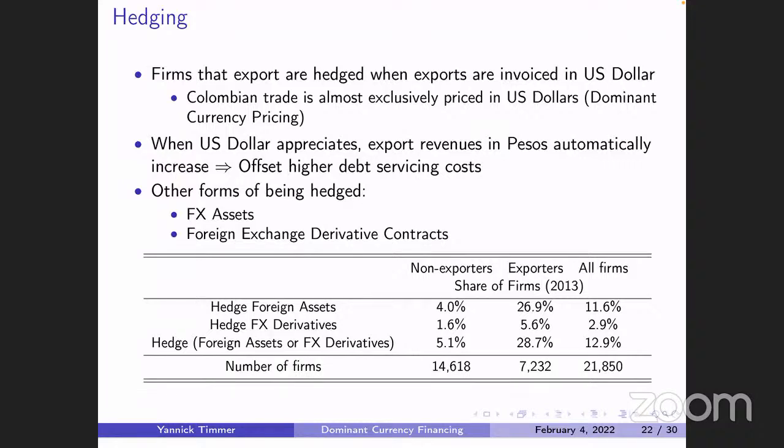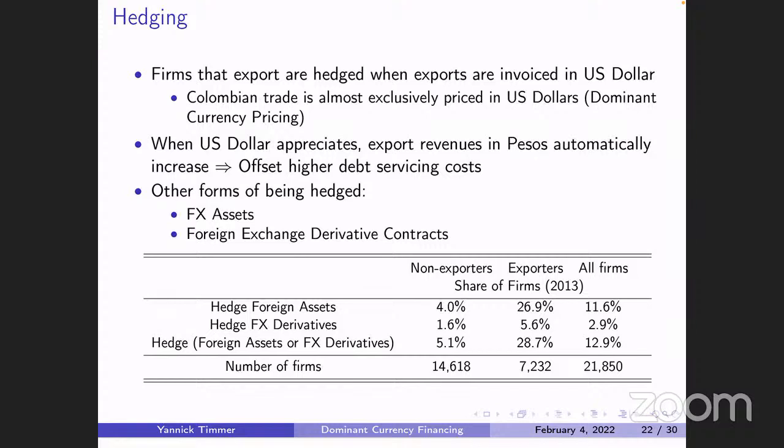But there are also other forms of being hedged. For example, firms may not export, but they may have FX assets, because they are, of course, aware that when they borrow in foreign currency, the depreciation increases their debt servicing costs, and instead they hold FX assets, or they use FX derivative contracts to hedge against this debt revaluation due to the depreciation.